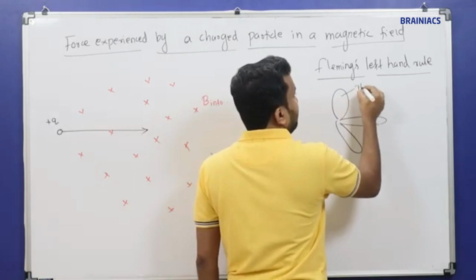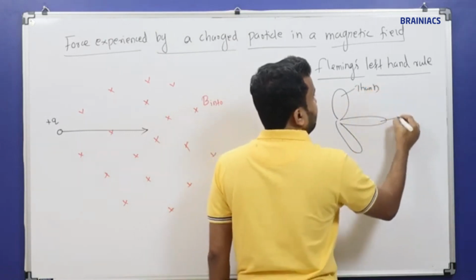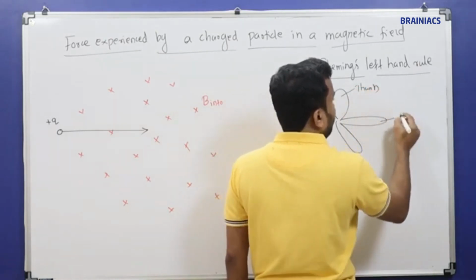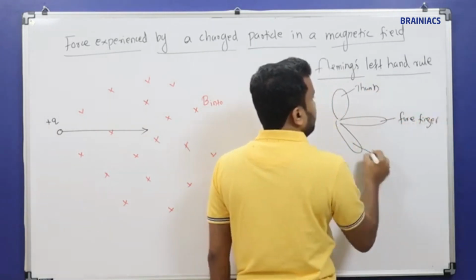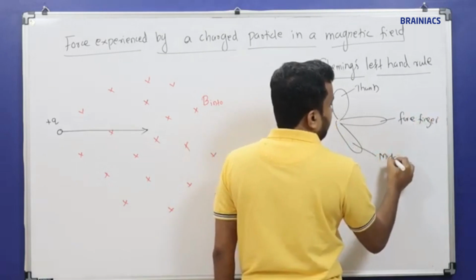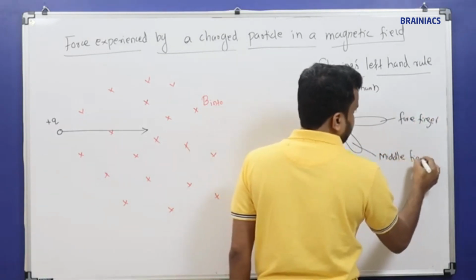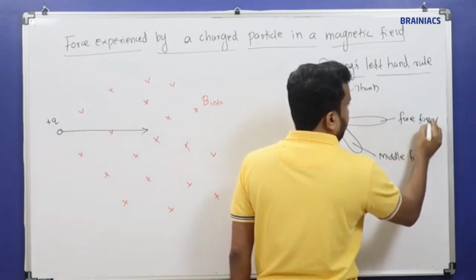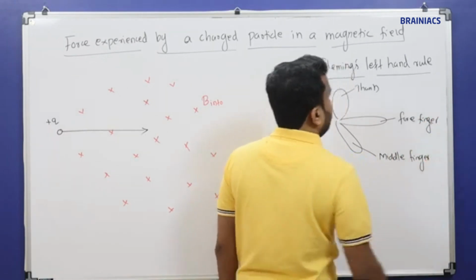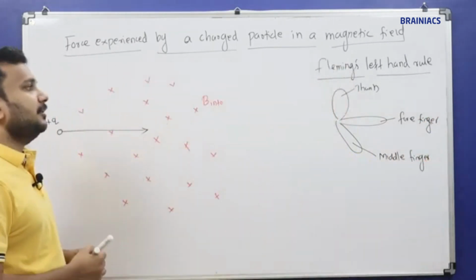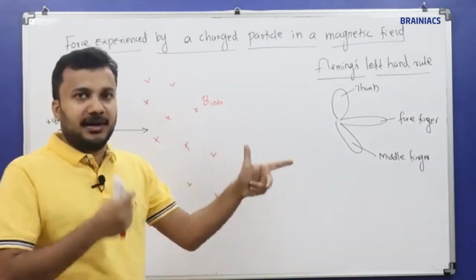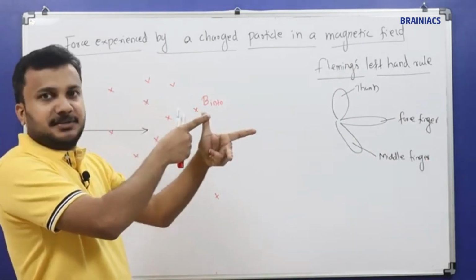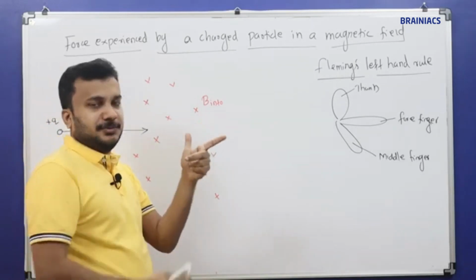This is representing your thumb, forefinger, and middle finger. In short, you can look at my hand.